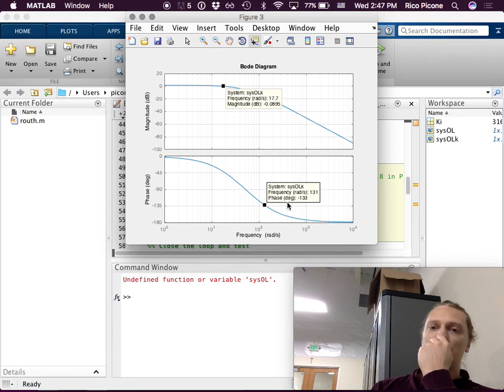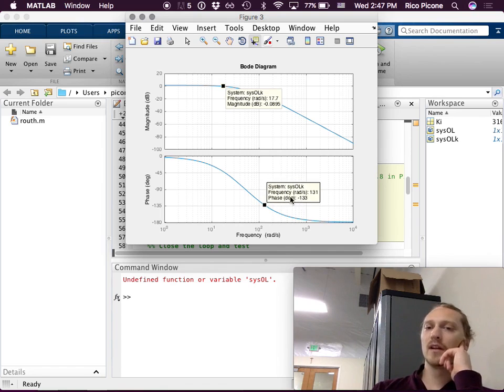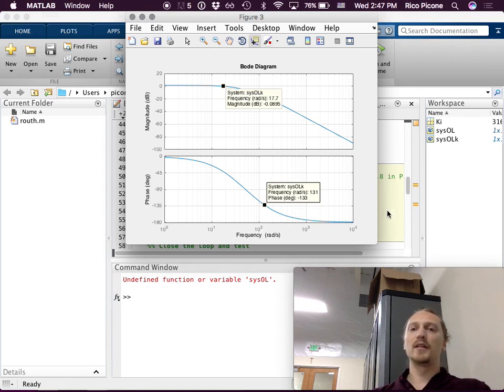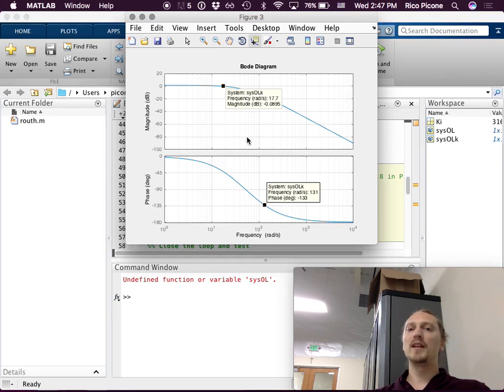133 is pretty close. I can get a little bit tighter if I put more points in here, but this is not a bad start. So at about 130 radians per second, that's the point at which we want the phase margin to be defined, which means this is where we want the gain, the magnitude, to go through 0 dB.